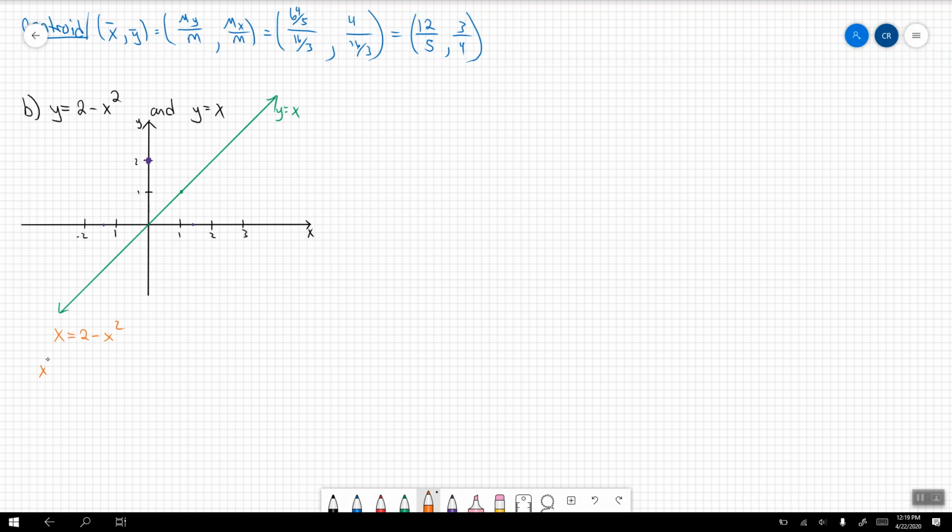This means x squared plus x minus 2 will be equal to 0. This looks like it might be x plus 2 times x minus 1 is equal to 0, which means the intersections happen at x is equal to negative 2 and x is equal to 1. Nice. So at x is equal to negative 2, somewhere down here it intersects, and at x is equal to 1, that's where it intersects. Perfect.